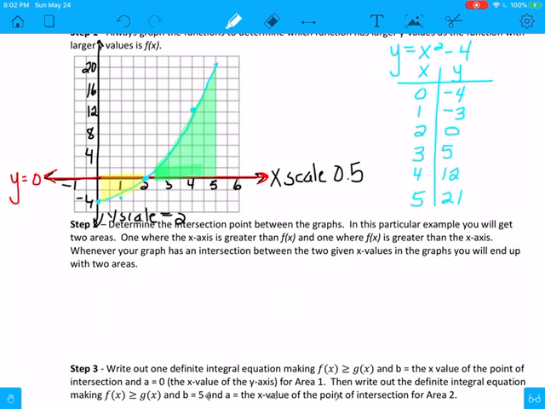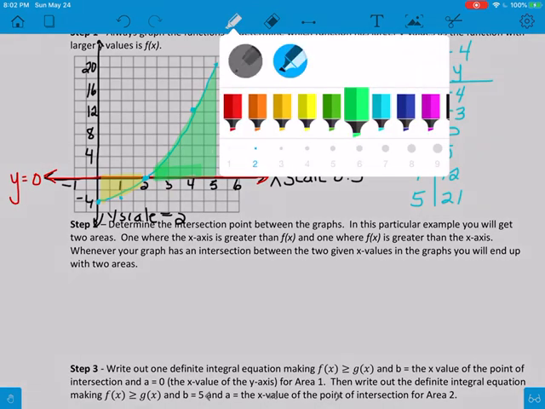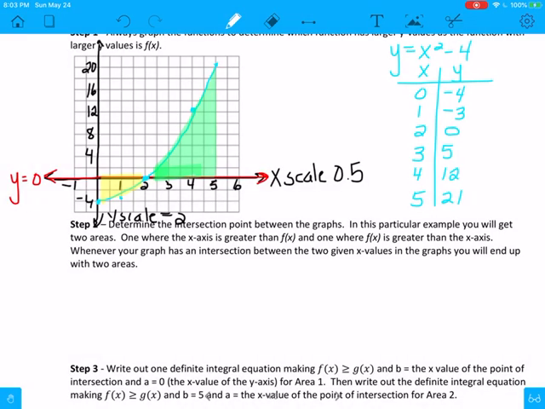And the change here is area 1, put it in black, area 1, y equals 0 is actually the higher line. And area 2, the y equals x squared minus 4 is actually higher. So I'm going to have to do two integrals, and they shift at 2.